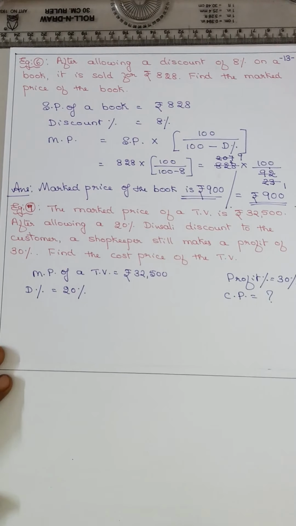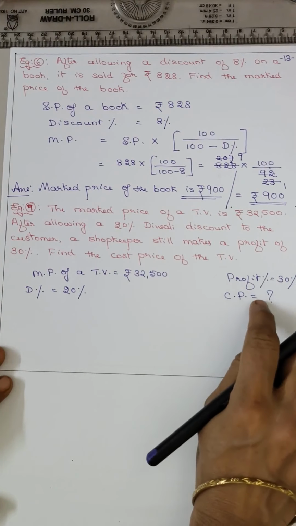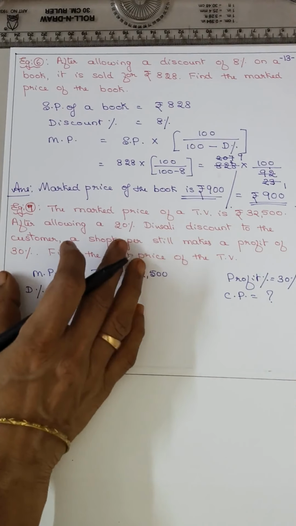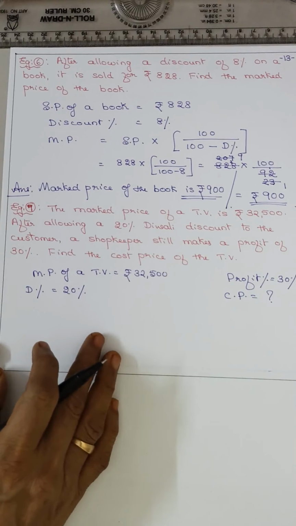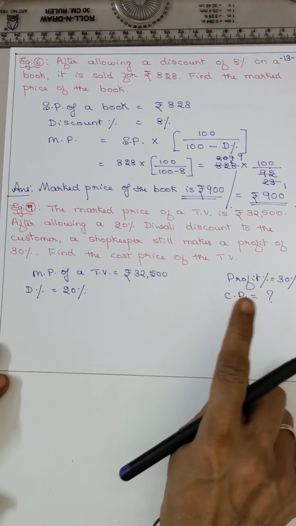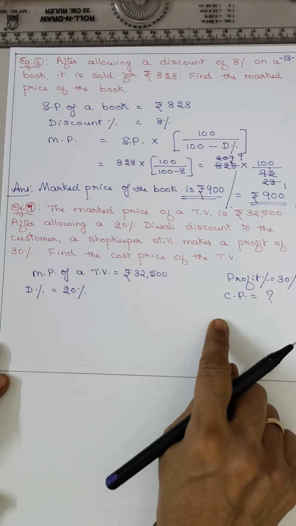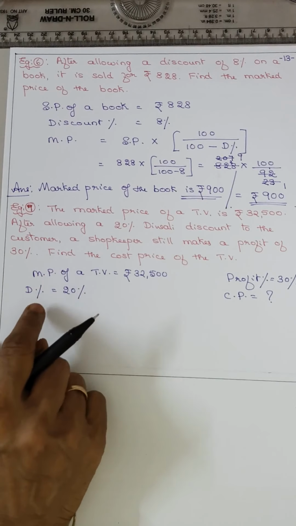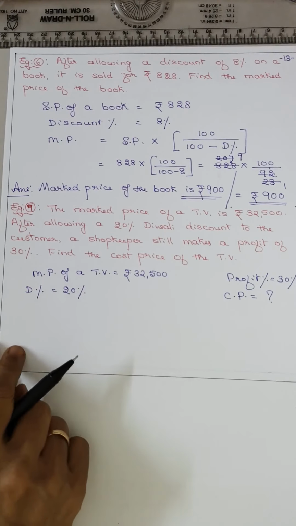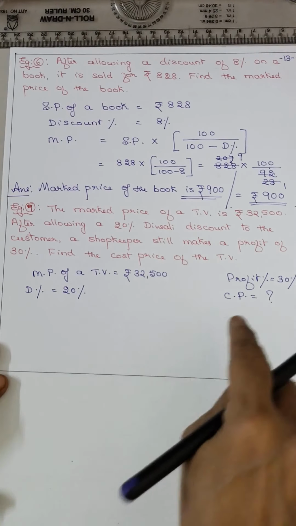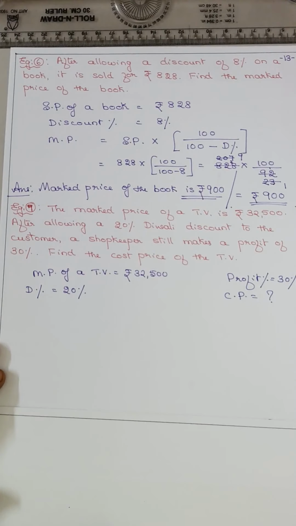I had already told you, profit percent, CP, SP, they will be on one side. MP, discount percent, SP will be on the other side. To find out CP, we want SP. So, by using this MP and discount percent, find out the SP, and using that SP find out the CP.